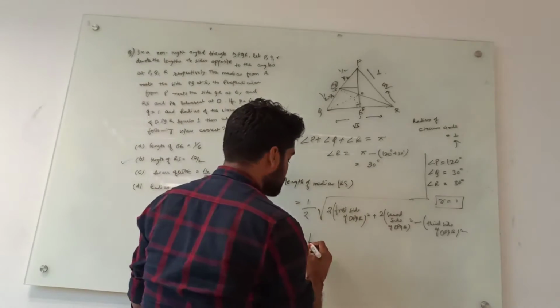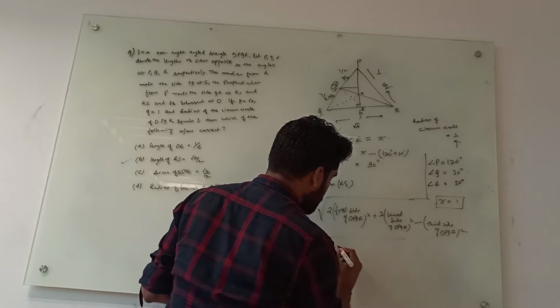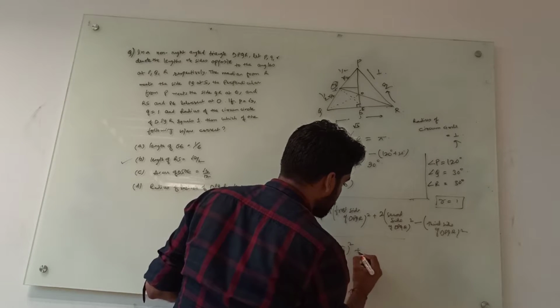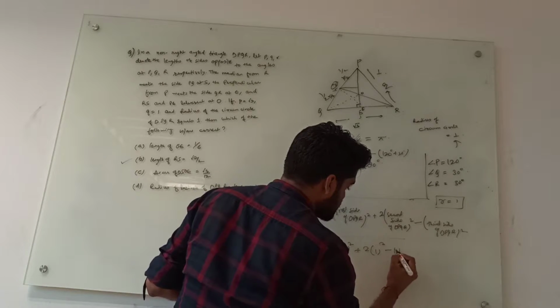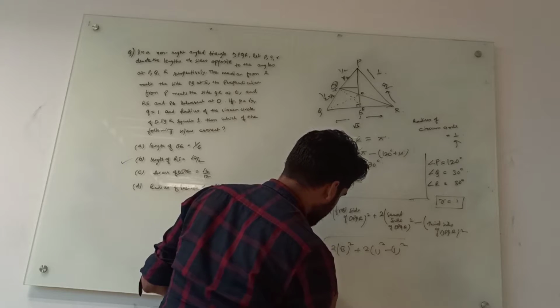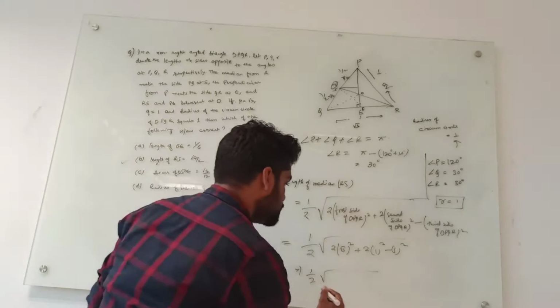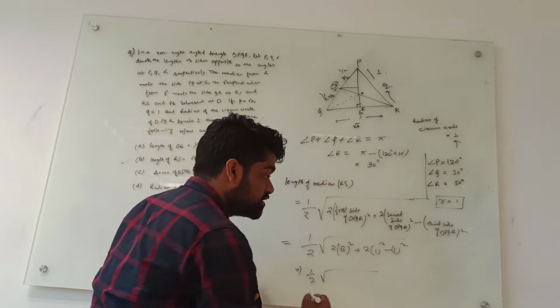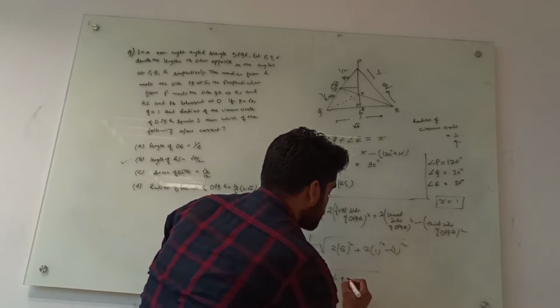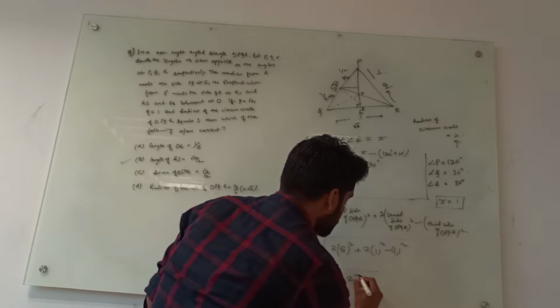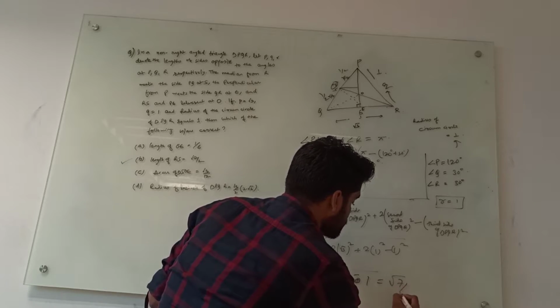So if you substitute, it will be 1 by 2 of root of 3 squared plus 2 of 1 squared minus 1 squared. How much will it come? Root 3 squared will be 3, 3 twos are 6. This will be 2 into 1 squared, which is 2, and this will be 1 minus 1, which will come as root 7 by 2.